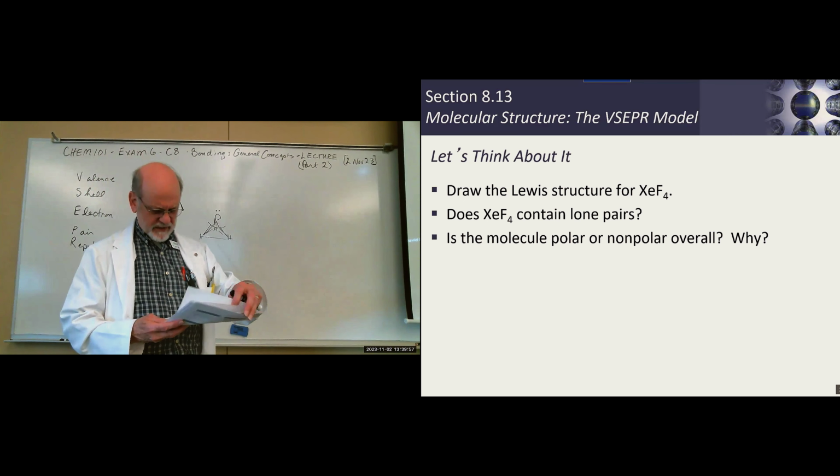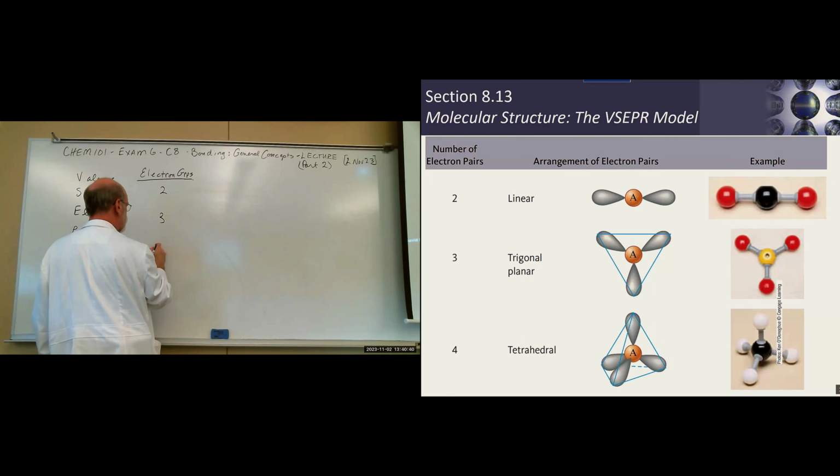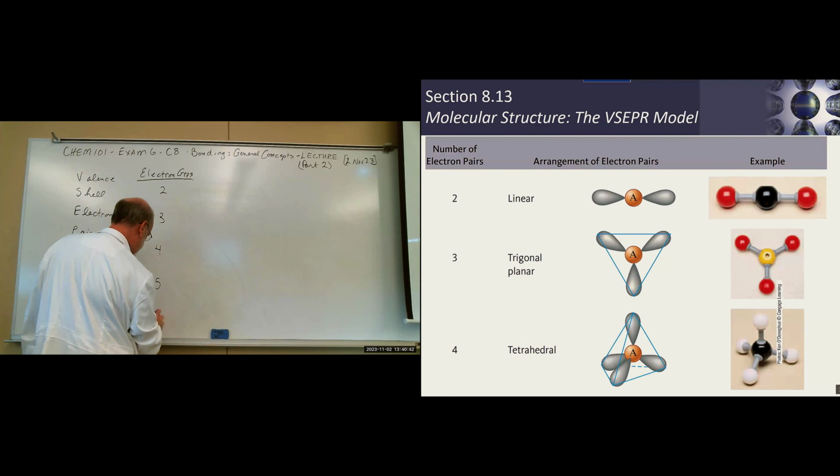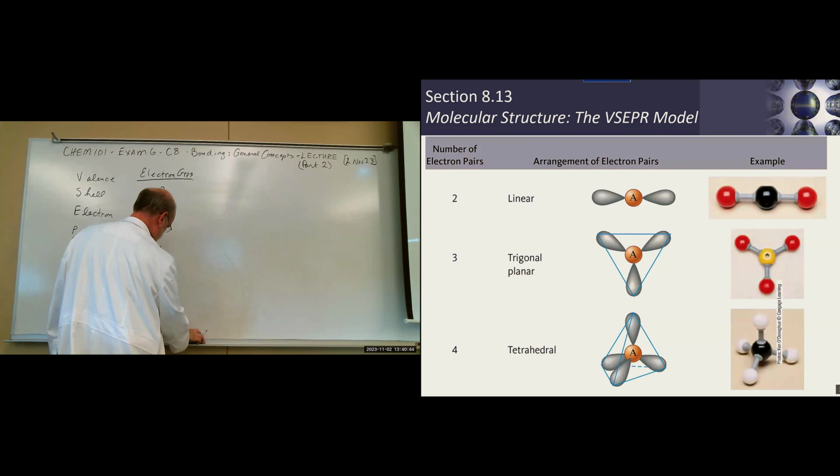So in this column, this is going to be a table. In this column, we have electron groups. Right, so we have 2, 3, 4, 5, and 6. That's where we're going to stop. You can go higher than that, but we're not going to.